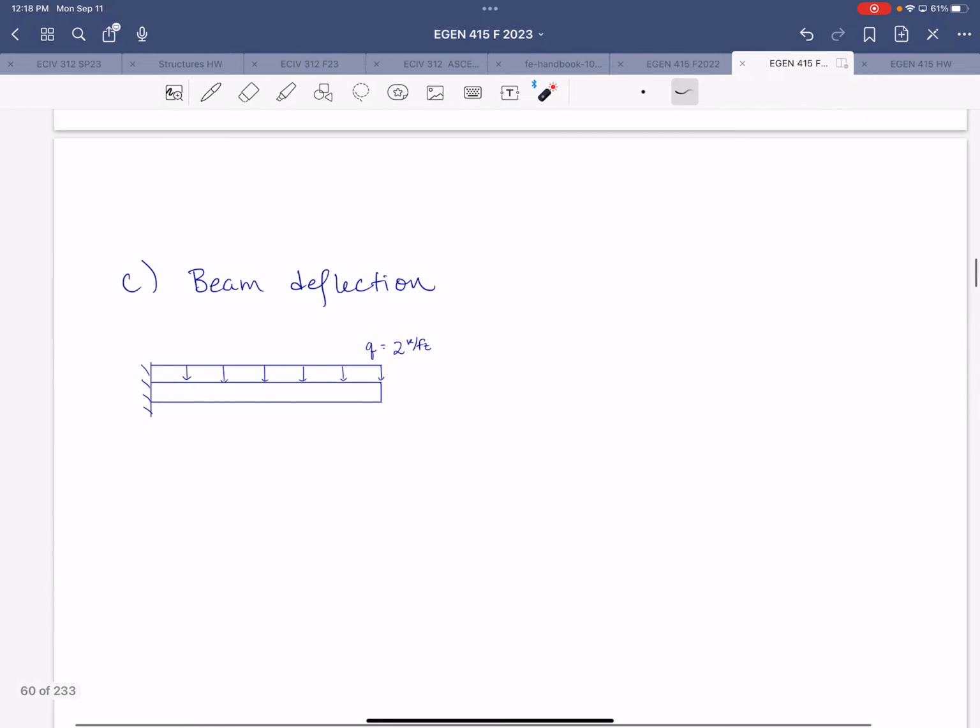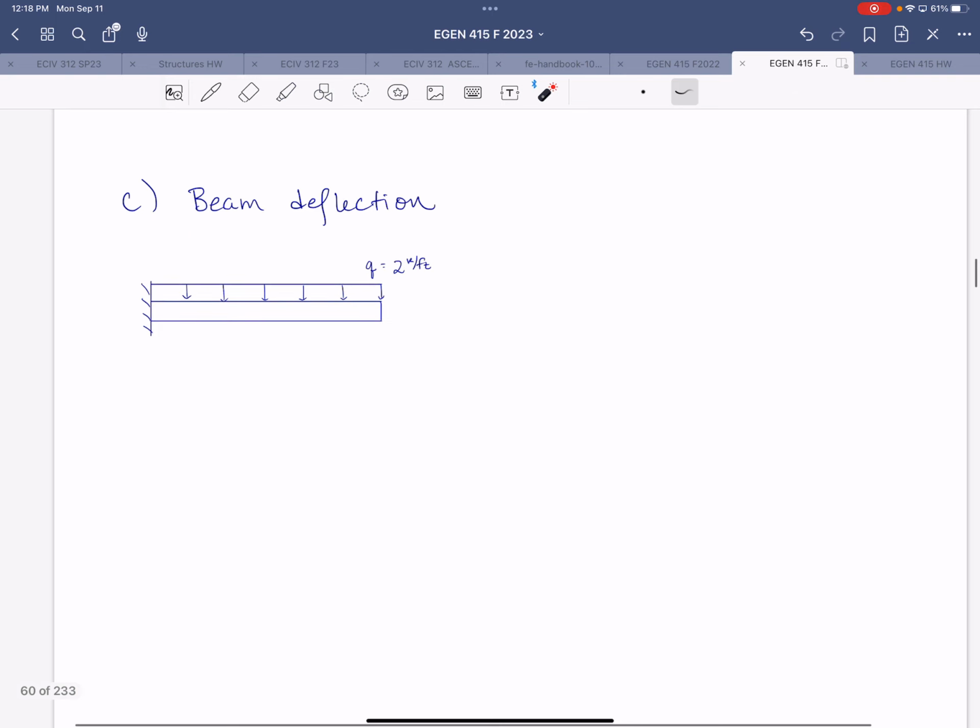All right, so moving on. Now we've got the beam deflection. This won't take too long to go through, and then we'll get into the fun topic of beams on elastic foundation. So for beam deflection, we've got just one span to consider, right? The loading is a constant uniform load over the entire span.